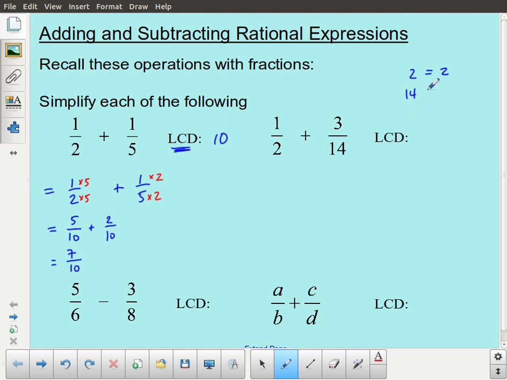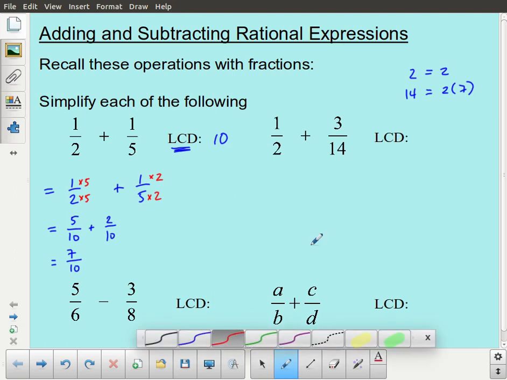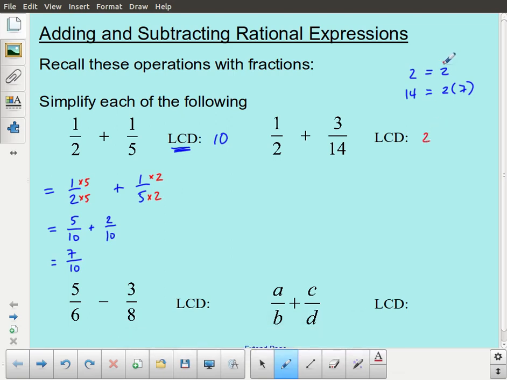The number 14 is equal to 2 times 7. So our lowest common denominator, the way we form this, is we start here with 2, and that means that this and this are now represented. And I go to 7. There's a 7 here. This whole value is done already, so 2 times 7 is equal to 14.